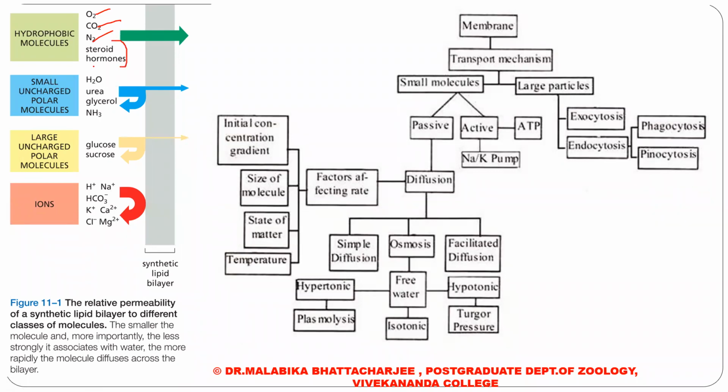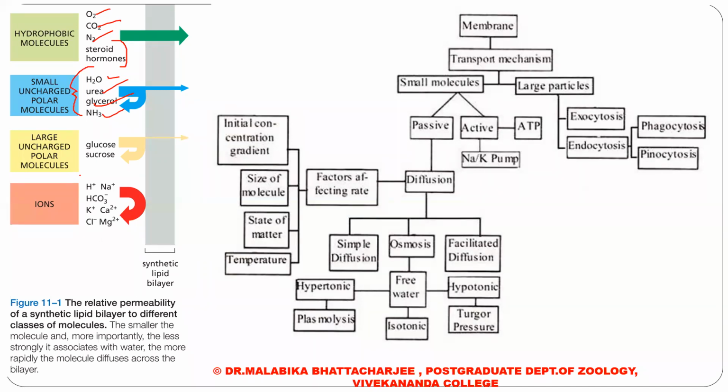Then there are the small uncharged polar molecules. The moment we say they are polar molecules, they are much more soluble in water, but they are small and uncharged. So we have water, urea, glycerol, ammonia. Now we come to large, uncharged polar molecules. So this is glucose and sucrose. And finally, we come to ions.